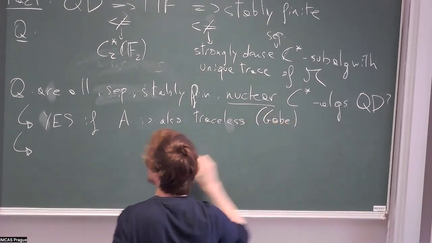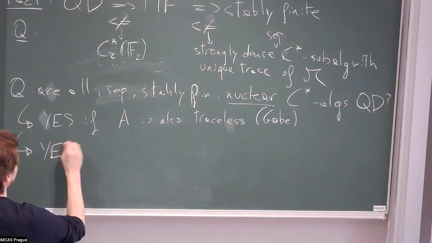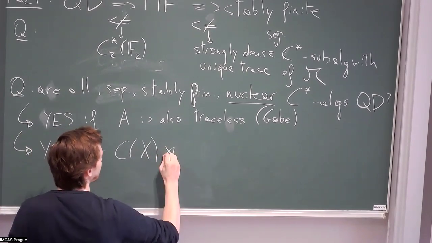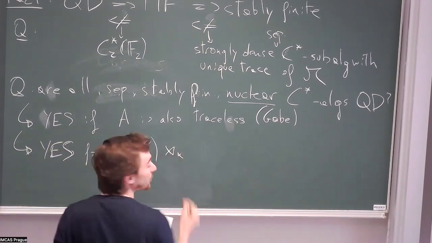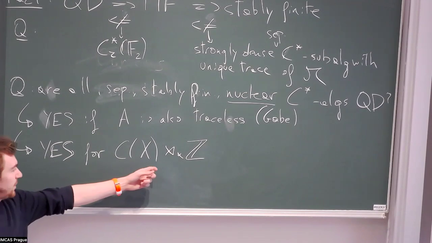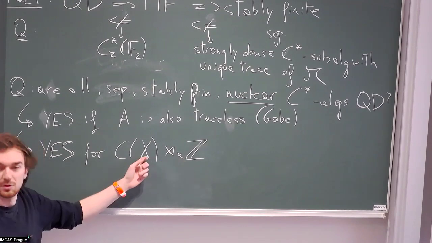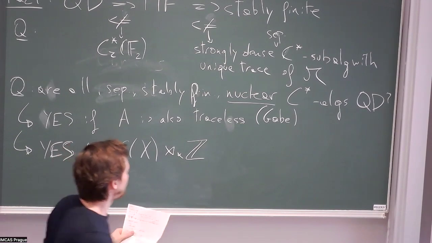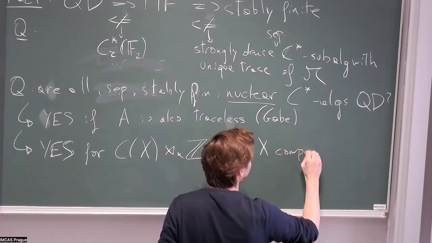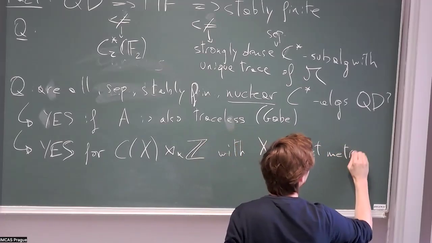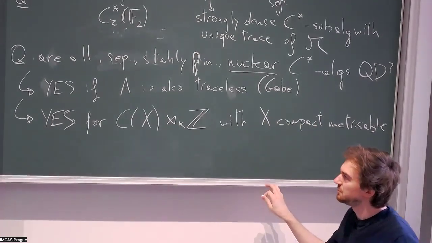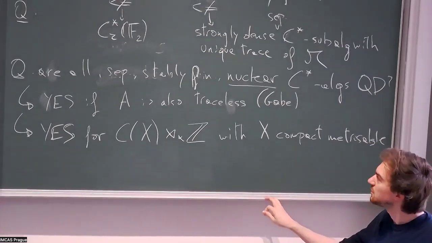And then also for crossed products by Z. So these are just C*-algebras built up from a homeomorphism on a topological space X, with X compact metrizable. But the fully general question is still open.